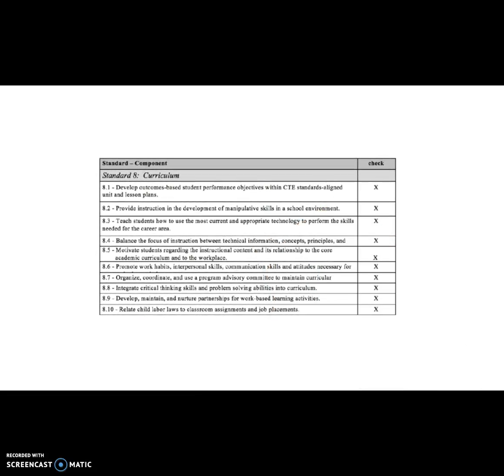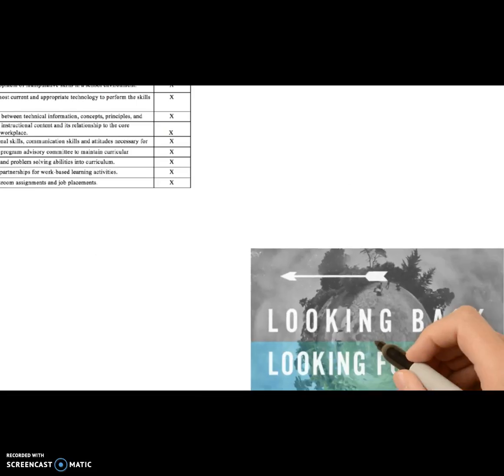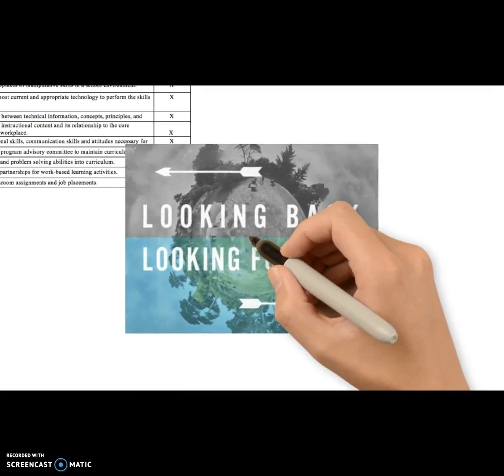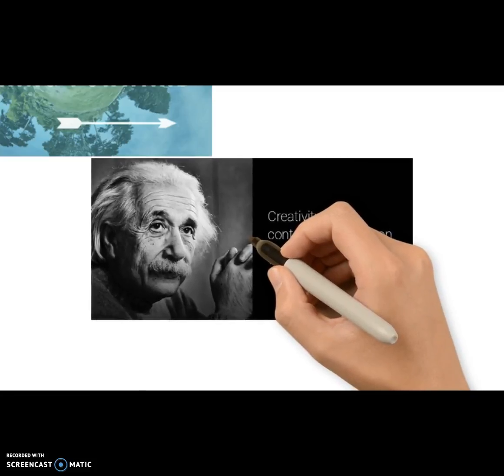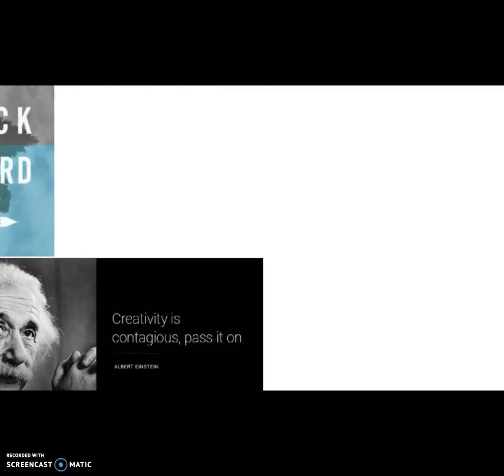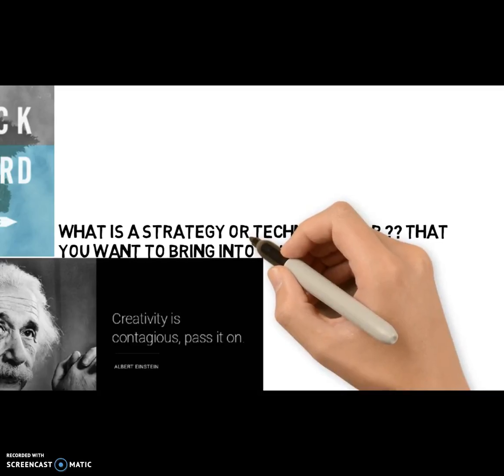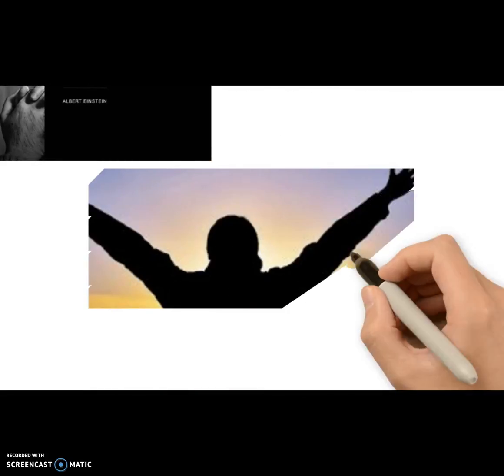Select a different substandard. Tell us, what is a strategy or technology that you want to add, and where did this idea come from? Then share with us why this new idea or strategy is amazing.